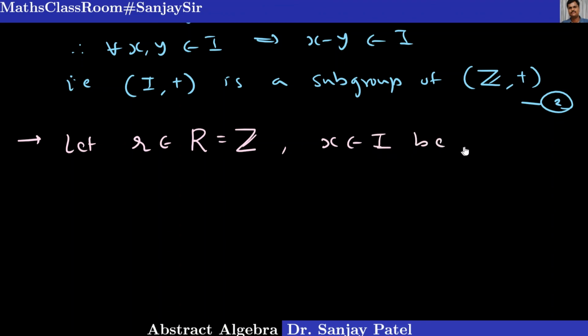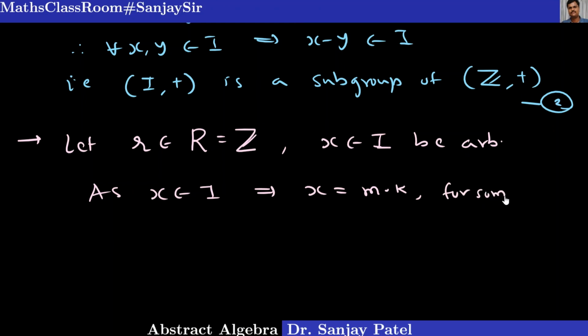Then, as x belongs to I, we can write x in the form m into k, because all elements of I are nothing but multiples of m, for some k belonging to Z. Then if I find r dot x, I'm multiplying the ring element, that is small r, on the left hand side.